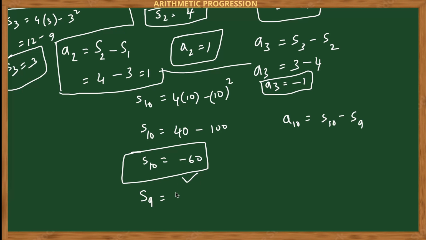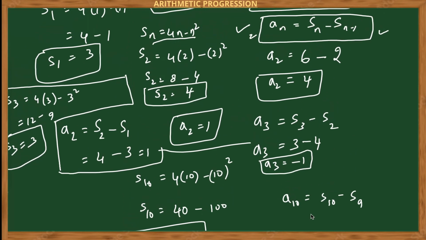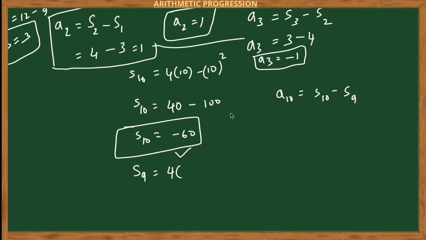S9 is equal to 4 into, replacing n, we utilize this one: 4n minus n square. n is 9. 4 nines are 36 minus 9 square is 81. So it becomes minus 45. So we have S9.